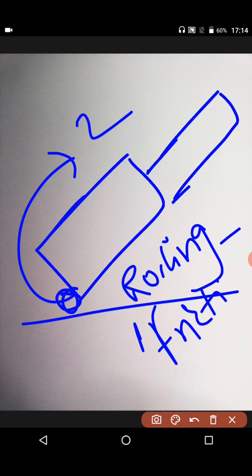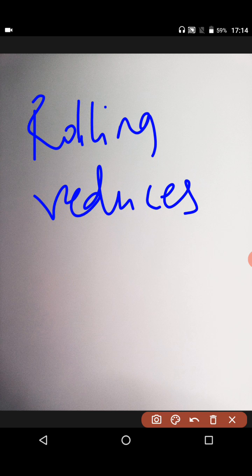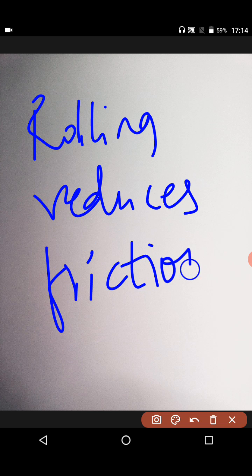Rolling actually reduces friction, so that is what the header was, wheel reduces friction, wheel also rolls, right? Rolling reduces friction.